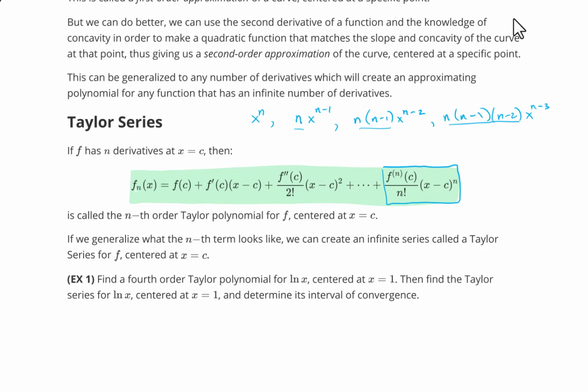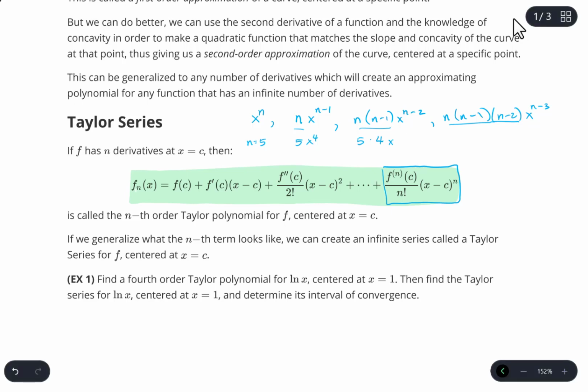But these multipliers, let's say we actually had a value for n. Let's say the value of n was 5. Okay, so if n is 5, this would be 5x to the 4th. And then this would be 5 times 4 x to the 3rd.